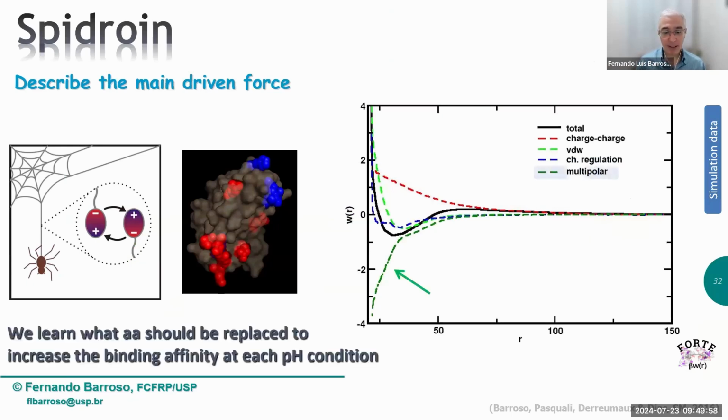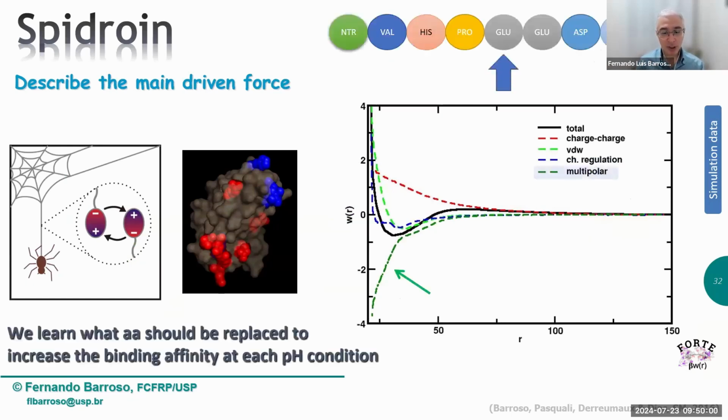I'm not going to talk about all the mutations that we have tried, but in principle, we can change the amino acid and check the contribution of each amino acid and how we can shift the pH window for this complex, just by making combinations of these amino acids.